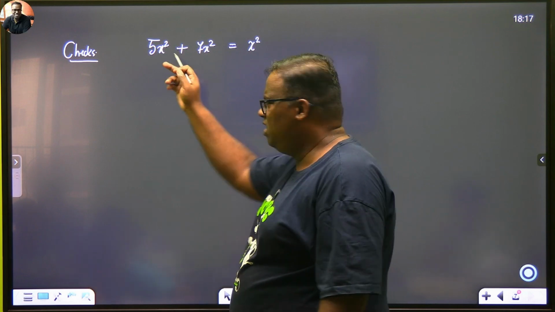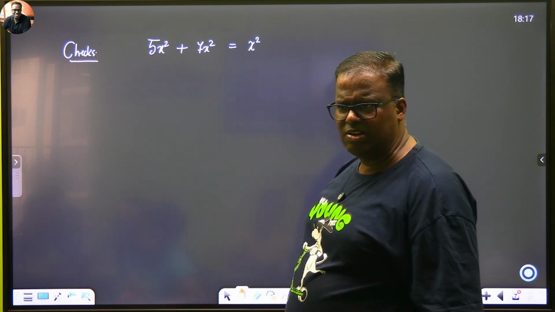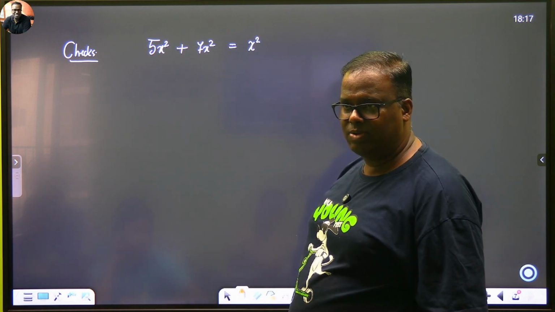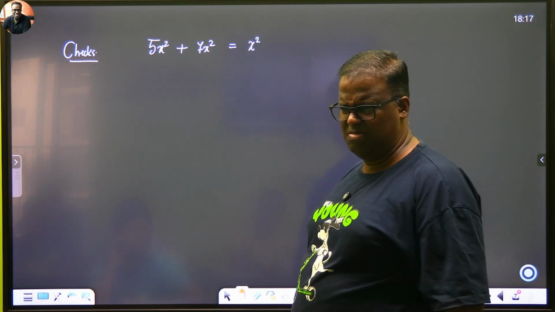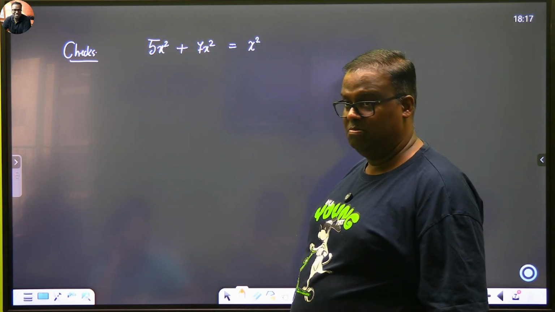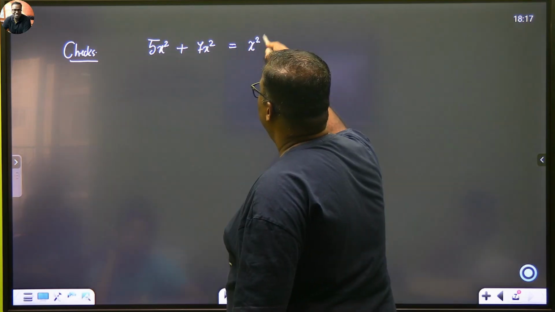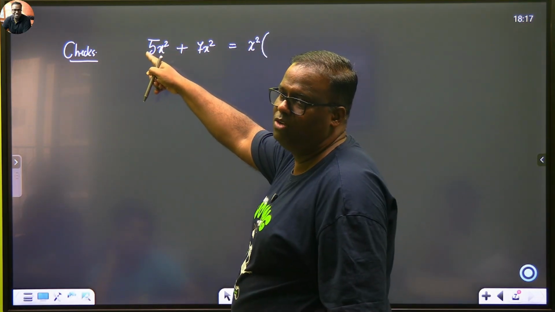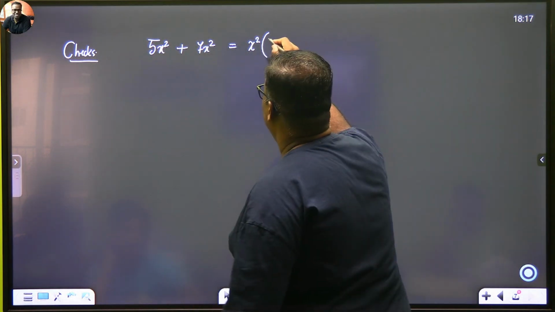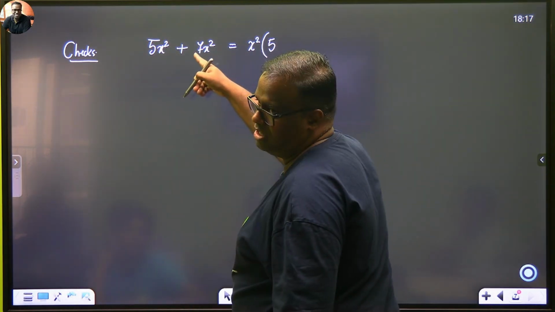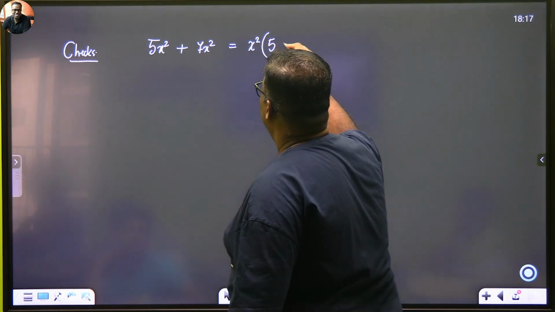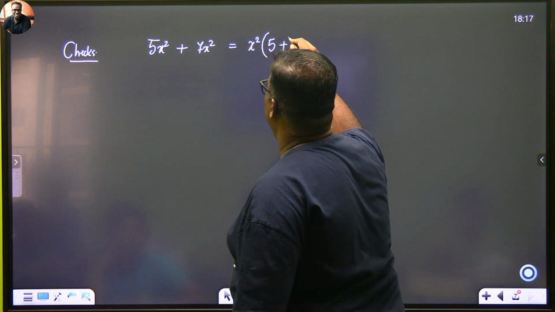So when you go and look at him, he has got a 5 and an x square. He has got a 7. That's not common. But he has an x square. That's common. So take the x square common. If you suck out x square from here, what is remaining? If you suck out x square from here, obviously you have to honor that 7.